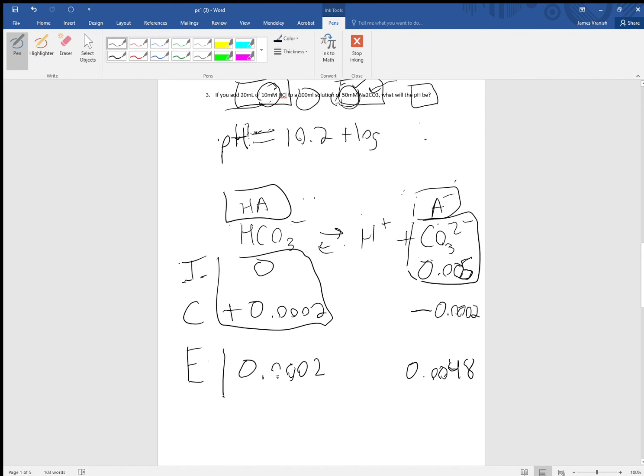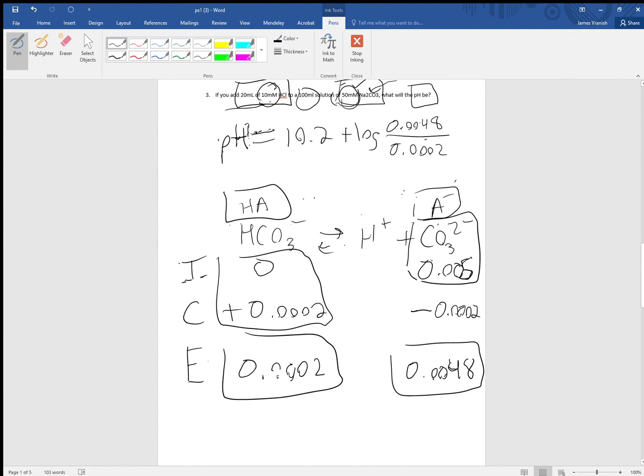By the way, for the Henderson-Hasselbalch equation, if our A- and our HA are in the same solution, you can actually use moles of A- and HA instead of concentrations. That's perfectly fine because the volumes would cancel out. So it's sufficient to say we have 0.0048 moles of A-, and for our HA we have 0.0002 moles.